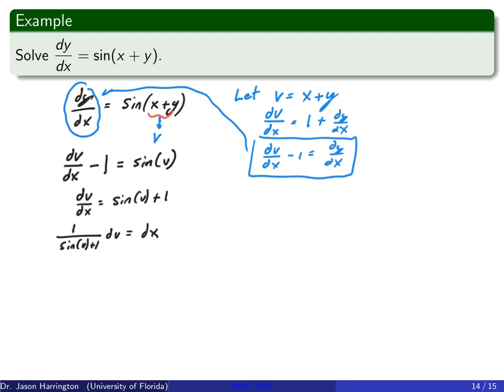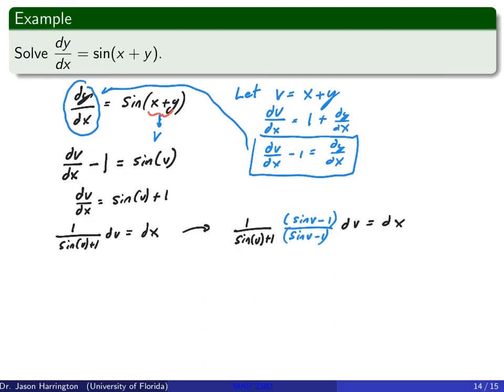So again, you got to use a little bit of algebra tricks, or tricks that you know from Calc 2. But here's what I'm going to do. I'm going to multiply the top and the bottom by sine of v minus 1 divided by sine of v minus 1, dv equals dx. And let's see if that helps us out any.